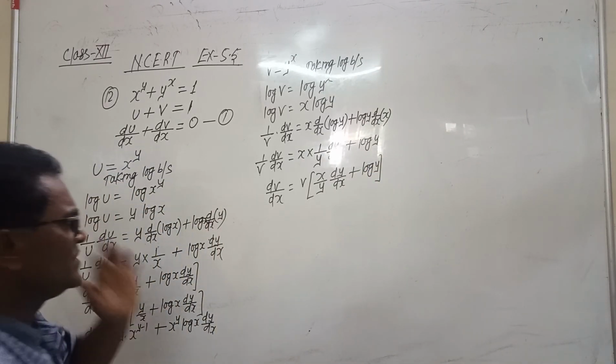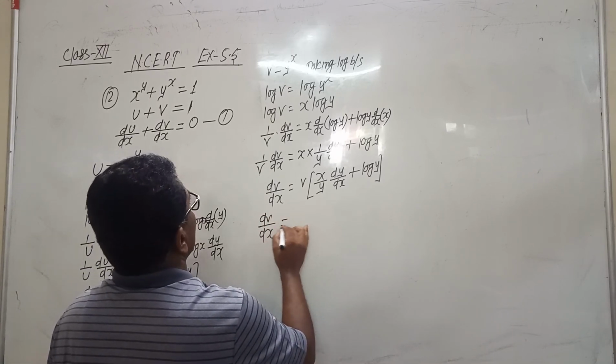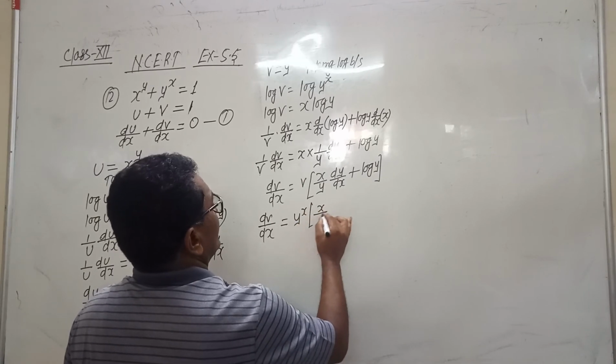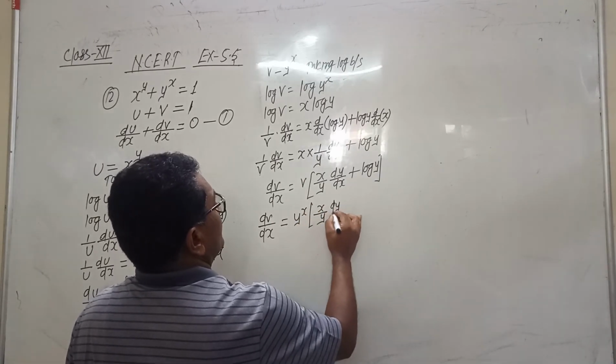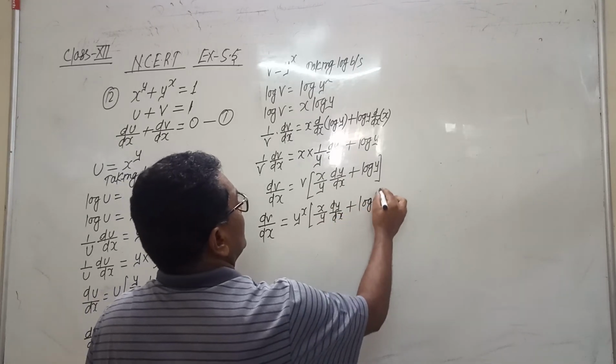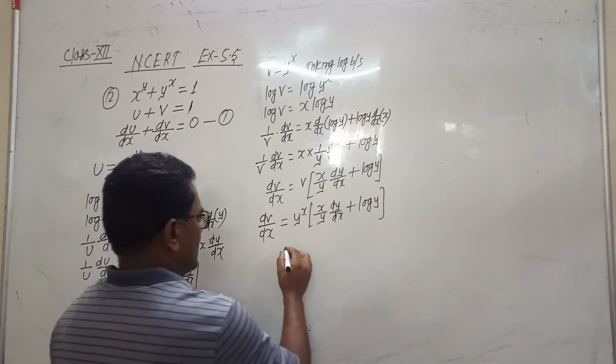Put the value of v. So dv by dx equals, the value of v is y raised to the power x, times x by y dy by dx plus log y. Now remove the bracket by multiplying y raised to the power x.